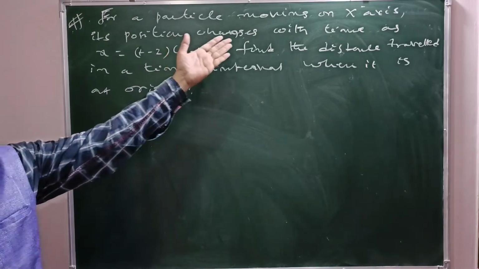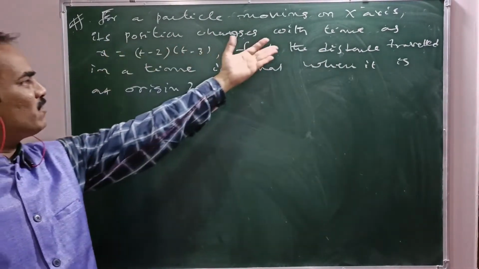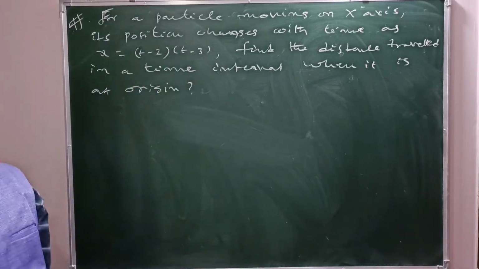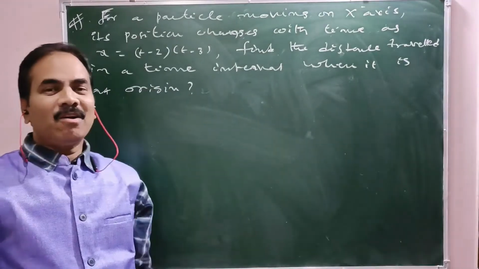For a particle moving on the x-axis, its position changes with time as x equals (t minus 2) into (t minus 3). We need to find the distance traveled by that particle in the time interval when it is at origin.